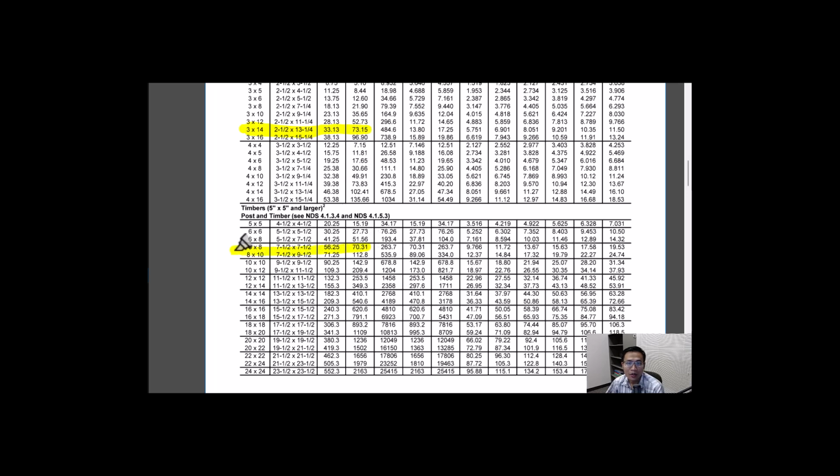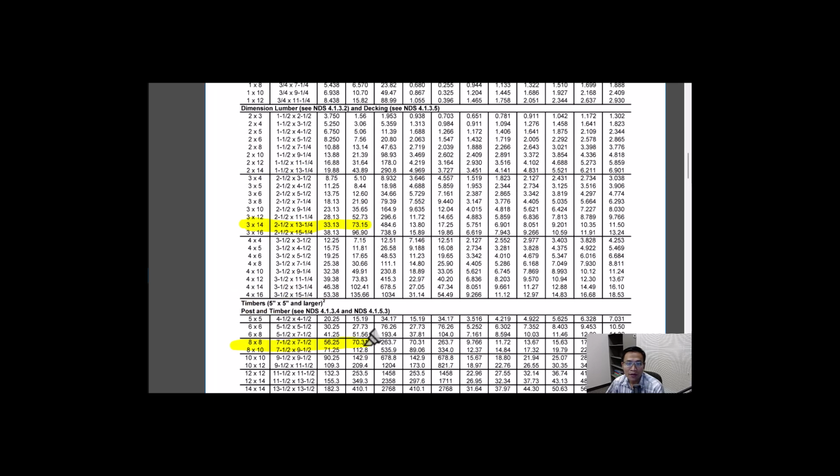We have another one here, 4 by 14, with Sx of 70.3. That is not much different from the 73. Either of the two options can be a good one, because this one has a smaller cross-sectional area, which means we use less material and it will be cheaper.